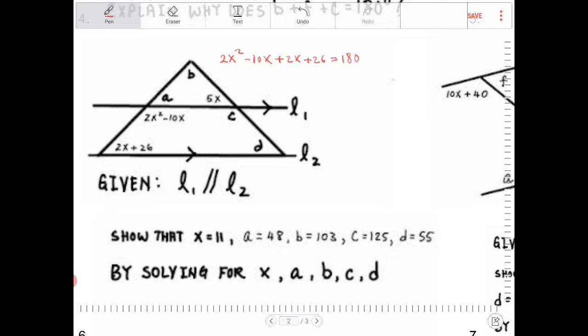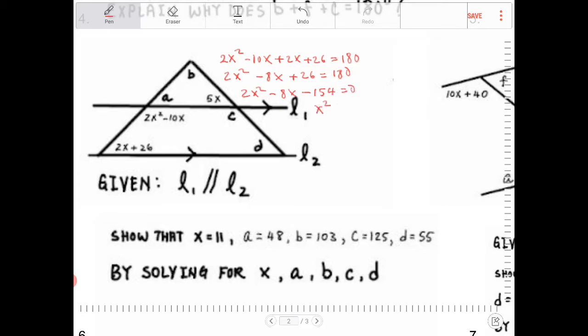I can combine like terms. 2x squared minus 8x plus 26 is equal to 180. And then I can bring over the 180, and I get 2x squared minus 8x minus 154 is equal to 0. Divide everything by 2.